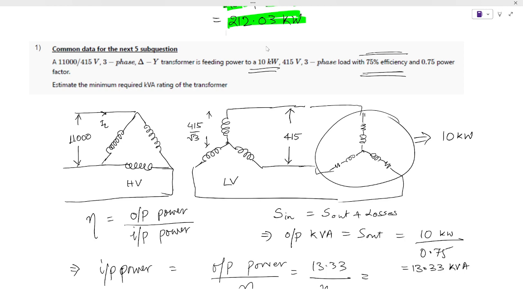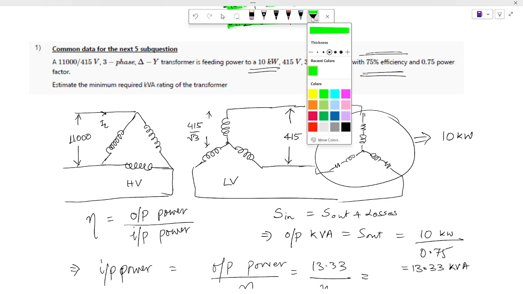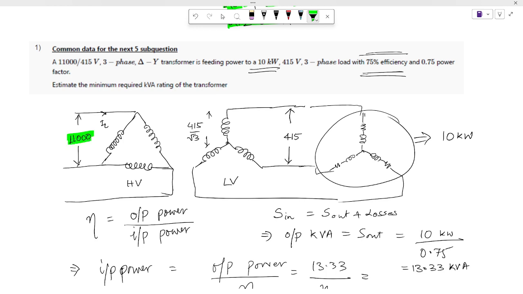What we need to do: they have given a transformer whose input voltage is 11 kV, and the output voltage will be 415 volt. Efficiency is 75% and the power factor they have given as 0.75.